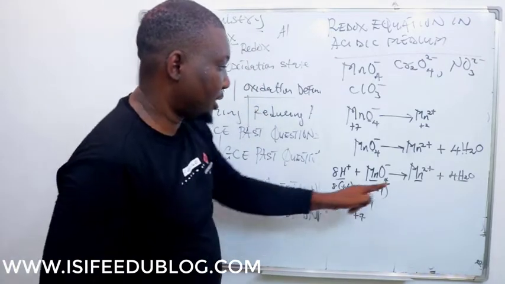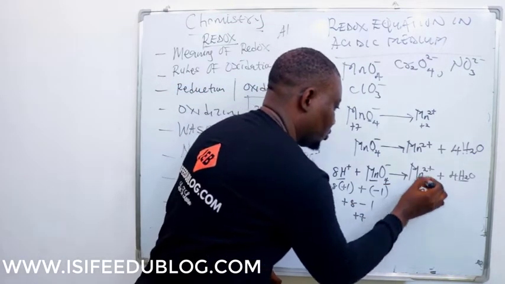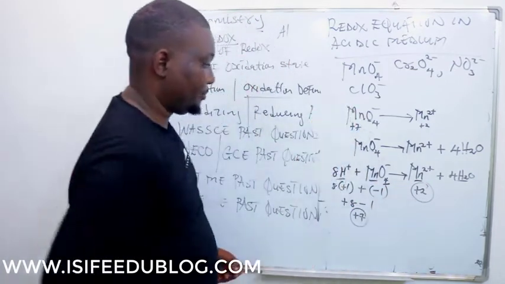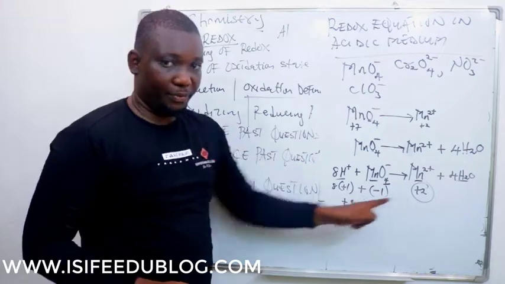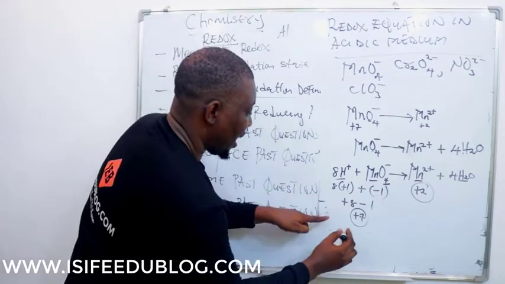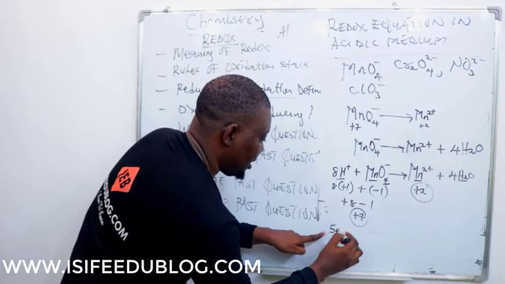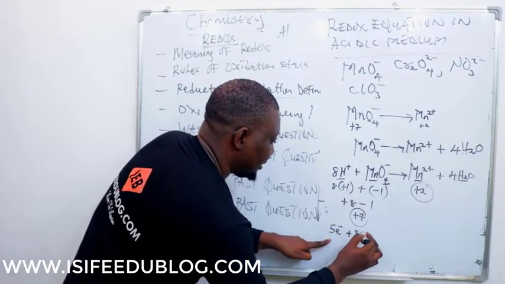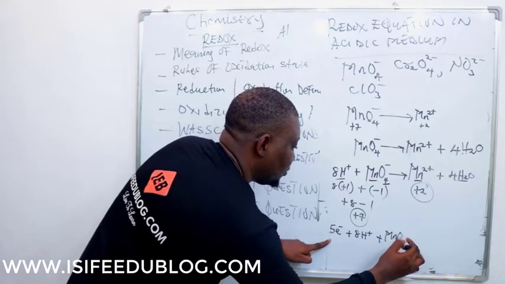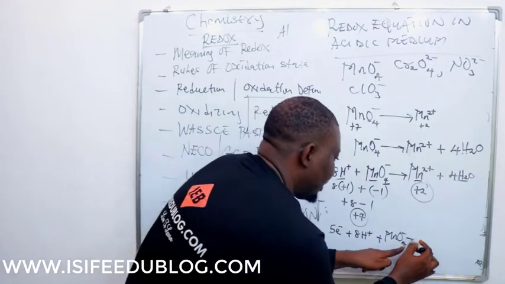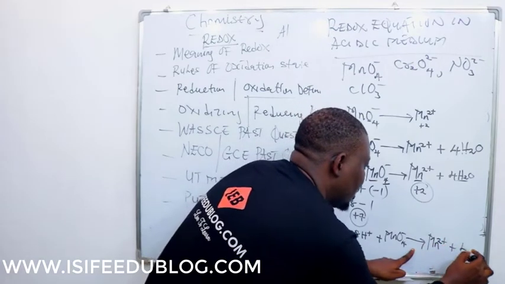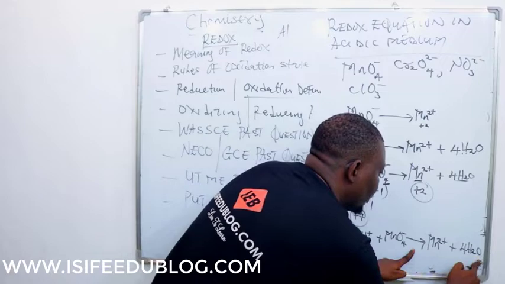Here, the total net charge is plus 2. So what is the difference of charge on both sides? It is 5. So what do we do to balance that equation? We add that difference here as 5e minus plus 8H+ plus MnO4 minus, and on the other side we have Mn2+ plus 4H2O.